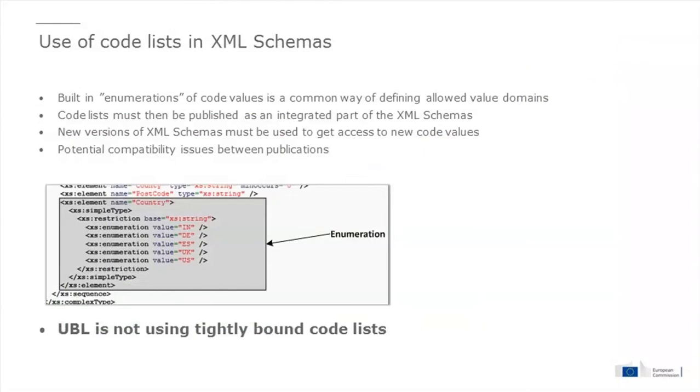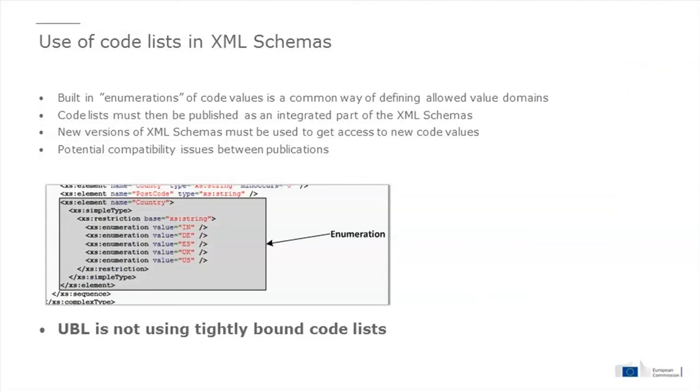I also want to mention a bit about the use of code lists in XML schemas, and we talked about this at the last webinar, I think, for those of you who participated in that. An XML schema can have enumerations of code values which define the value domain allowed for a specific element.